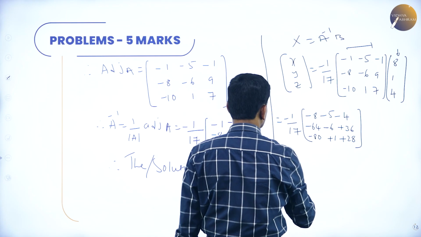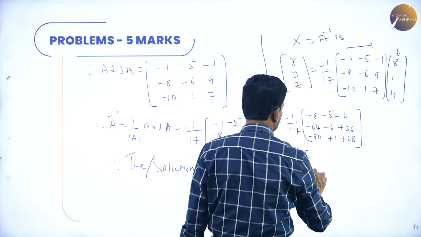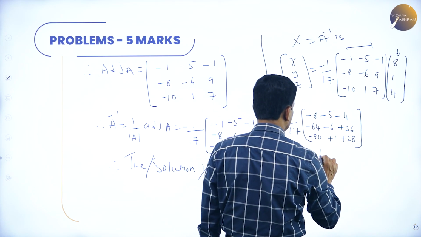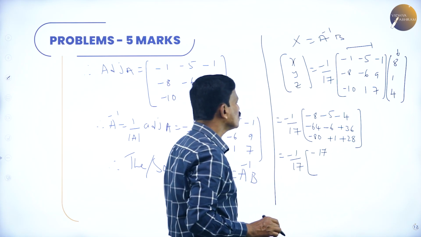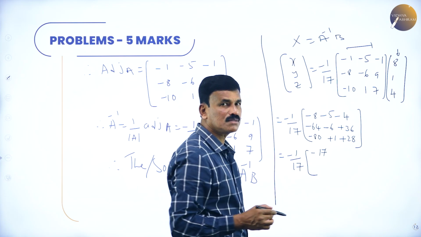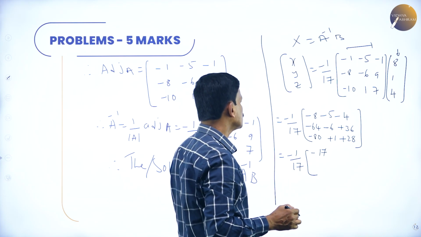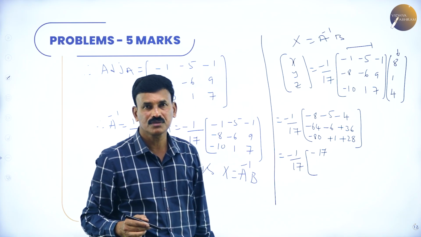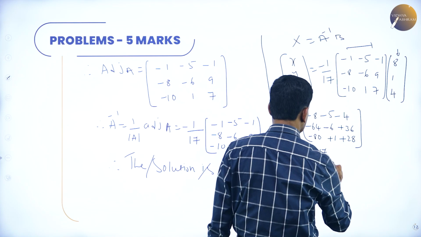This is equal to minus 1 over 17 into minus 5 minus 4 is minus 9, minus 8 is minus 17. Then minus 64 minus 6 is minus 70 plus 36, that is equal to minus 34.